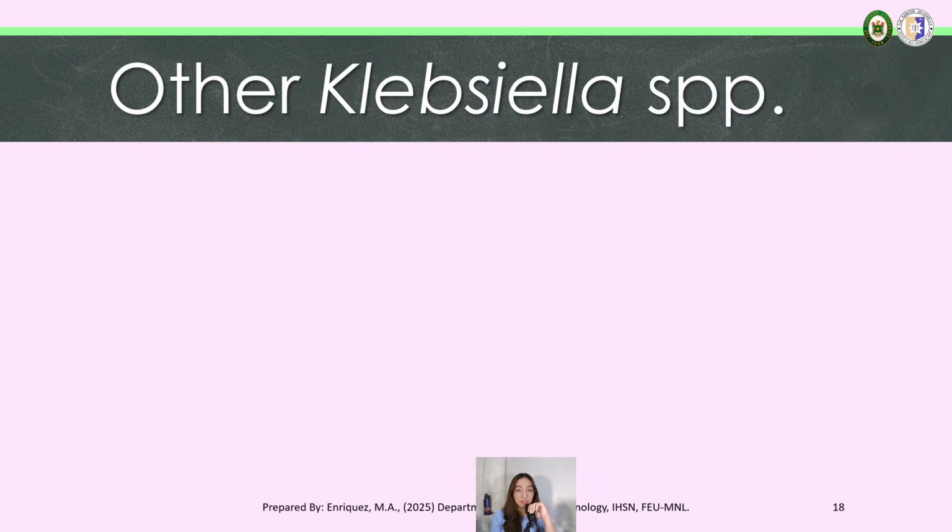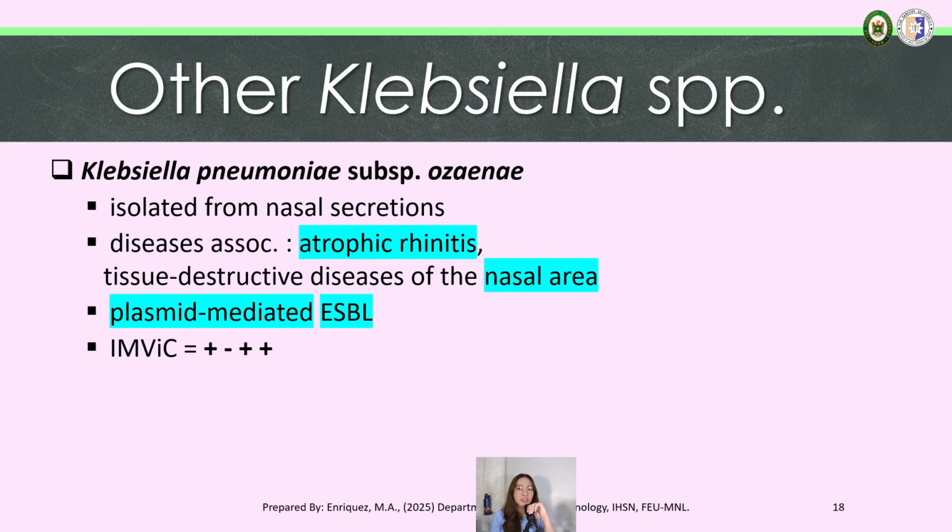Let's now talk about other Klebsiella species that have been associated with numerous infections. First is Klebsiella pneumoniae subspecies ozonae, which has been isolated from nasal secretions and cerebral abscesses.